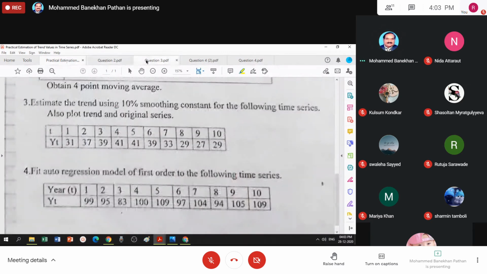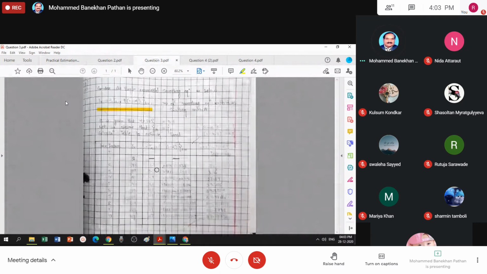So alpha multiplied by 37, that is 3.7. 0.9 multiplied by the previous value of y hat t. 0.9 multiplied by 31 is 27.9. This plus this is the last column.